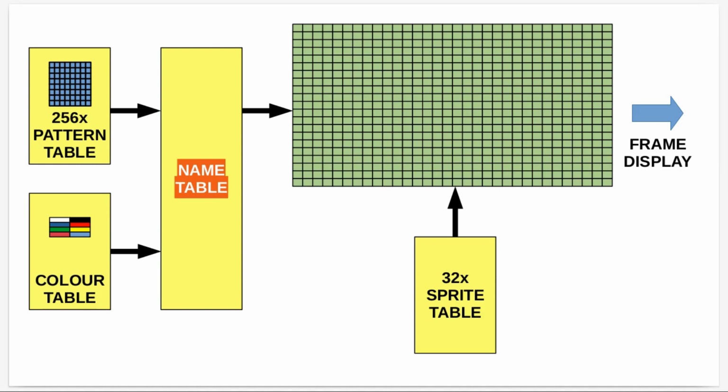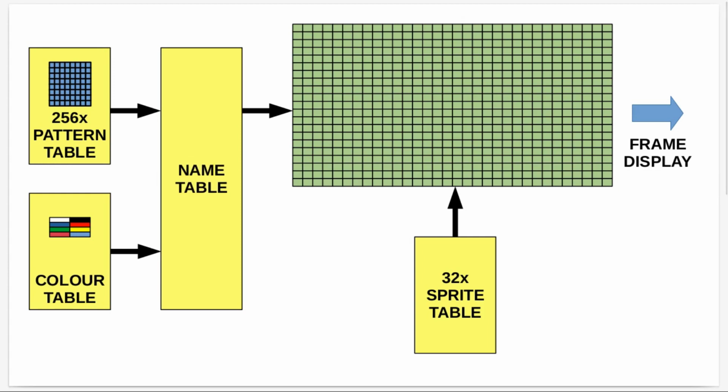So in the green grid area on this slide, the actual display is 40 by 24, so 40 across by 24 down, and each of those elements within the frame has an entry in the name table, so you can map any of the patterns to any of those entries in the display frame.